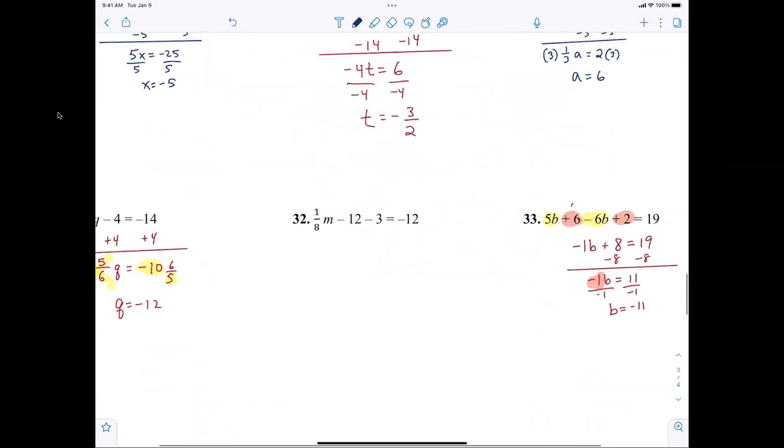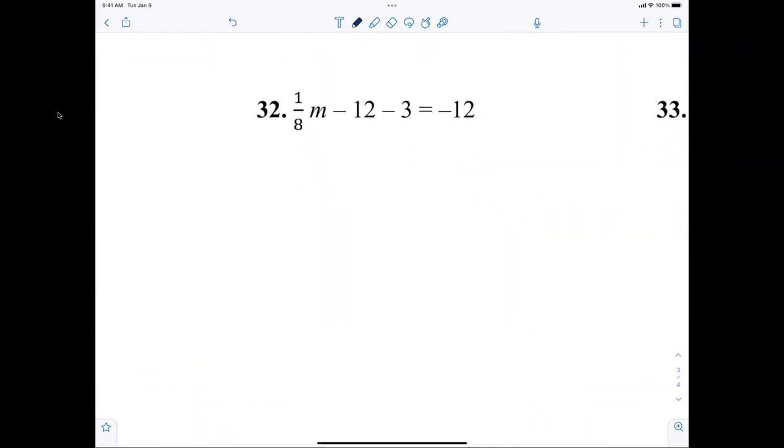Okay, 32, Oliver. You would first combine like terms, which would be negative 12 plus negative 3. So you get negative 15. Perfect. So you have 1/8 m minus 15 equals negative 12.